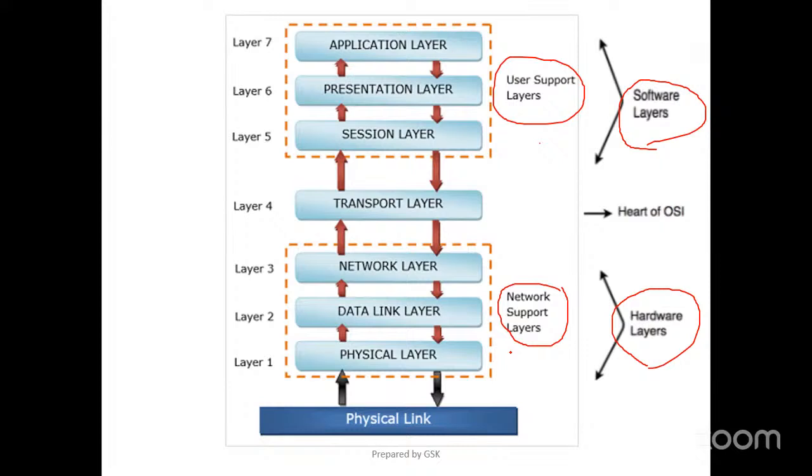Bottom 3 layers are network support layers. They are also called hardware layers. Coming to the transport layer, it acts as an interface between software layers and hardware layers. This is also called the heart of OSI.